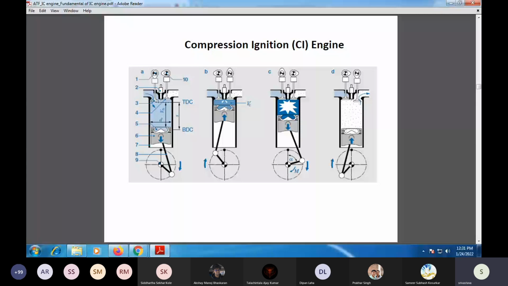Here we can have more fuel injection pressure, or we can have multiple fuel injections per cycle. In that way, we can improve the homogeneity of the air fuel mixture by considering the fuel injector parameters.